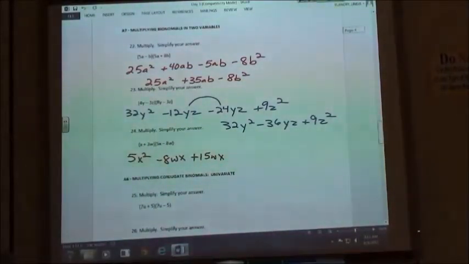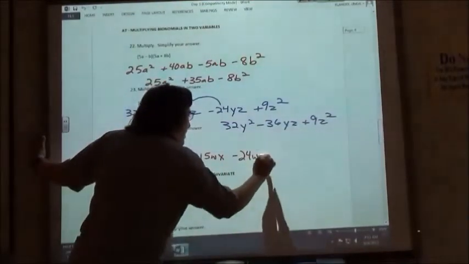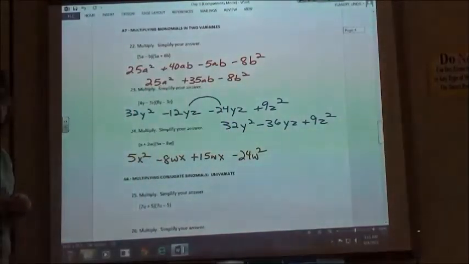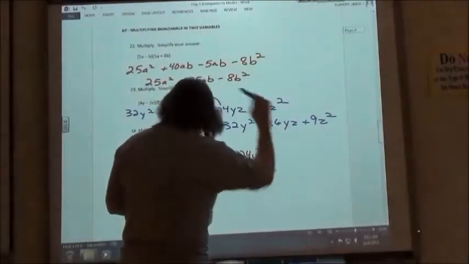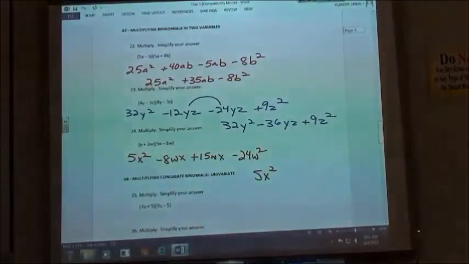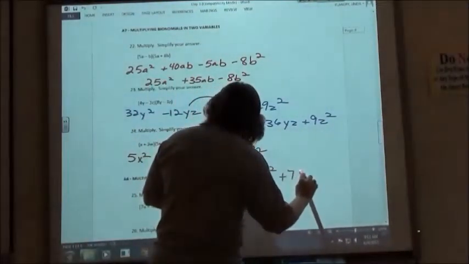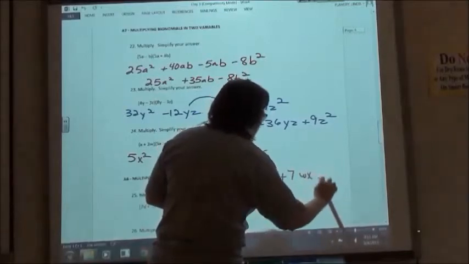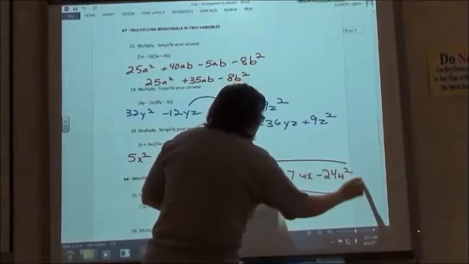And 3w times negative 8w, negative 24w squared, so your answer would be, everybody all at once, 5x squared plus 7wx minus 24w squared.